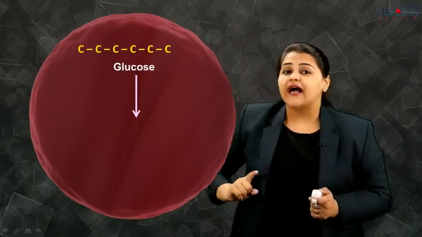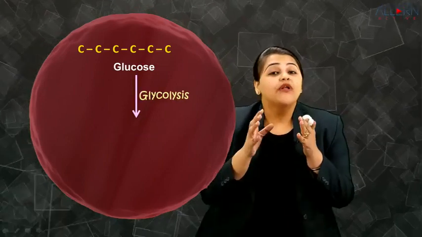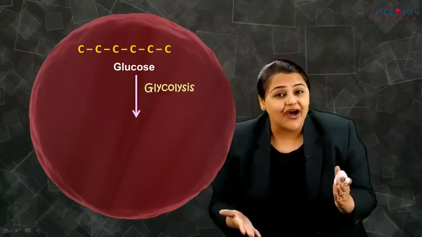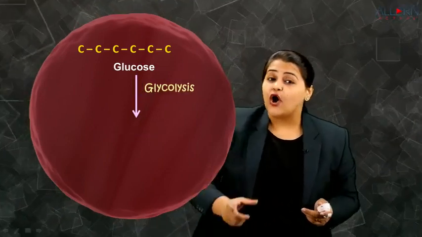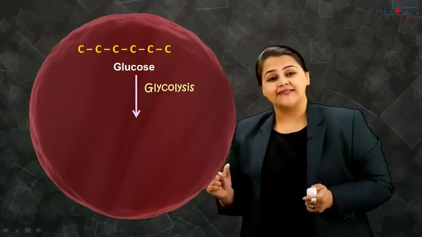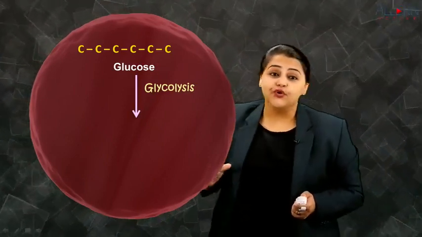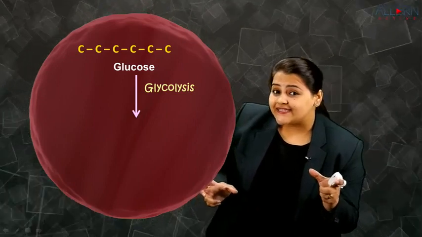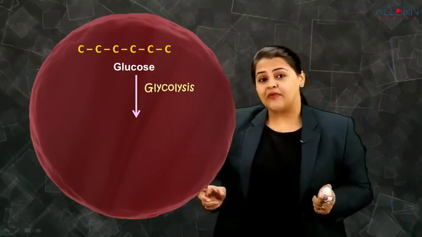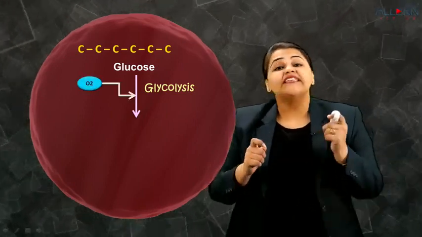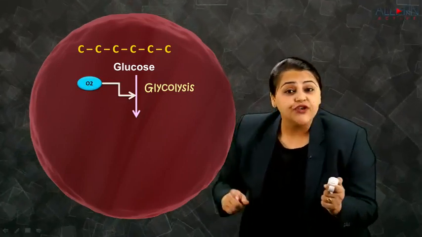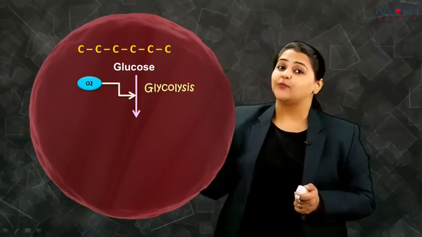And this 6-carbon molecule of glucose will now undergo breakdown by the process of glycolysis. So glyco means glucose and lysis means breakdown. And this breakdown is initiated by oxygen, which is present inside the cytoplasm.